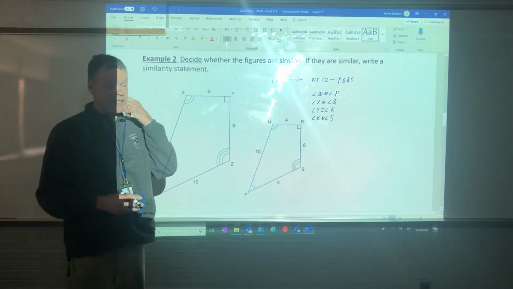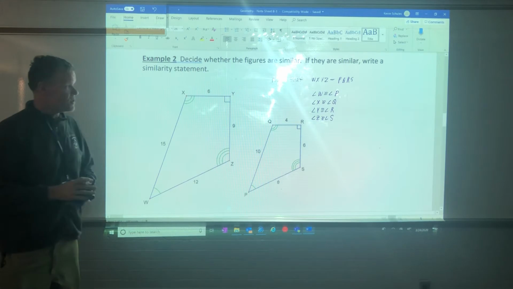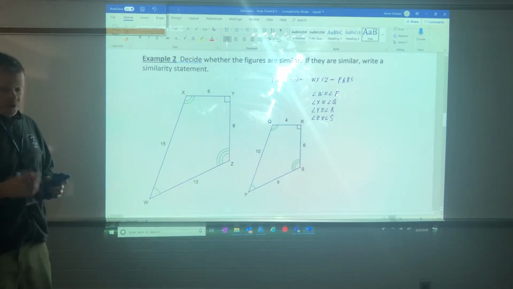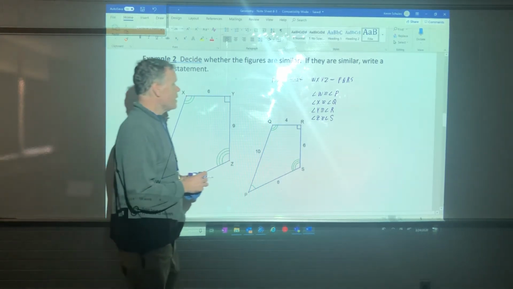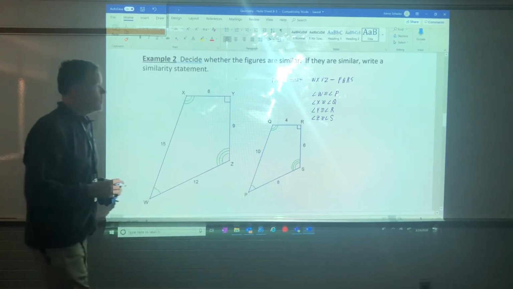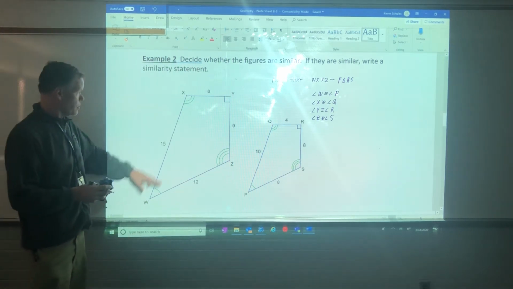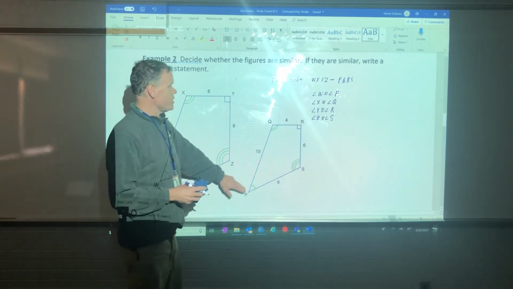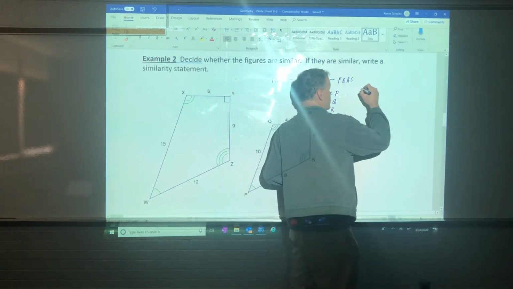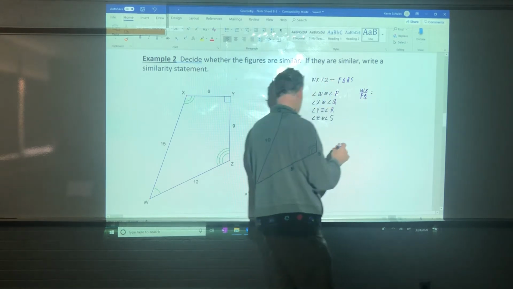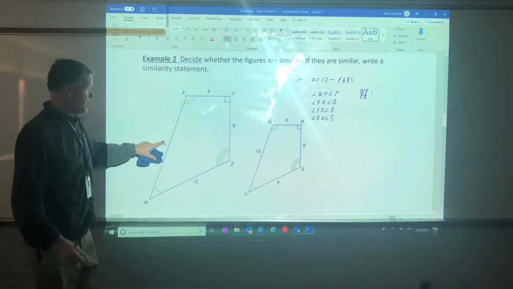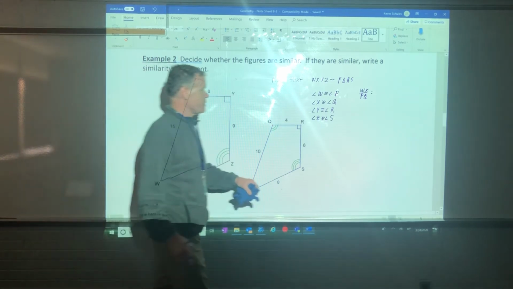We're good there. Next thing we have to see is if the sides are all in proportion, all share the same ratio. So we're going to look at WX over PQ. WX is going to be 15, PQ is going to be 10.